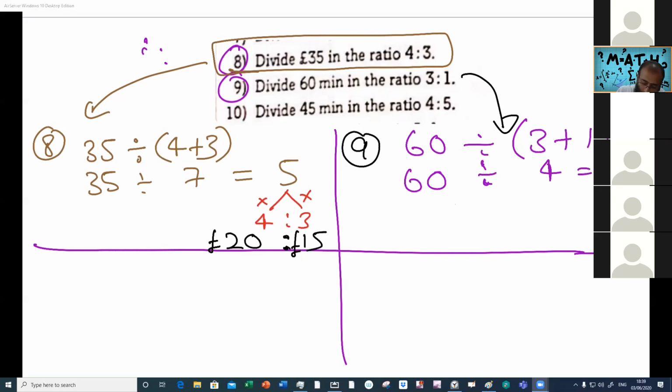And then you get your 15, and then you times it. Remember, you're doing 15 times by the ratio. The ratio is 3 and 1. Yeah, 15 times 3 is 45. And 15 times 1 is 15, so 45 to 15. Fantastically explained. Thank you very much for that, Hashim.